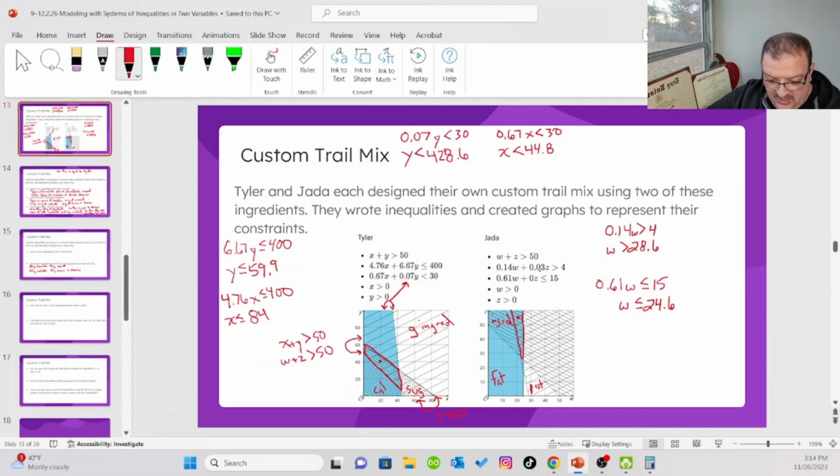So we need the 4.76 and the 0.67 to occur on the same ingredient since they have the same variable. And we need the 6.67 and 0.07 to occur on the same ingredient. We also need those choices to end up in the same column.